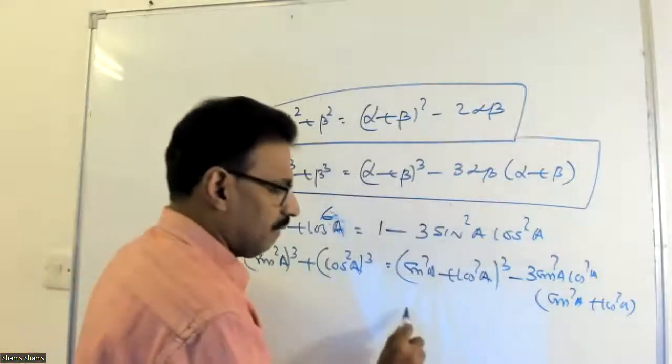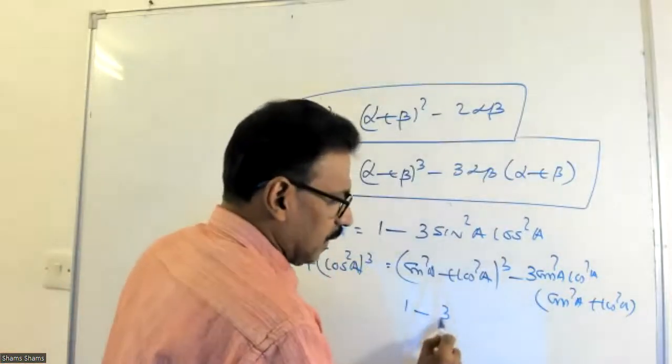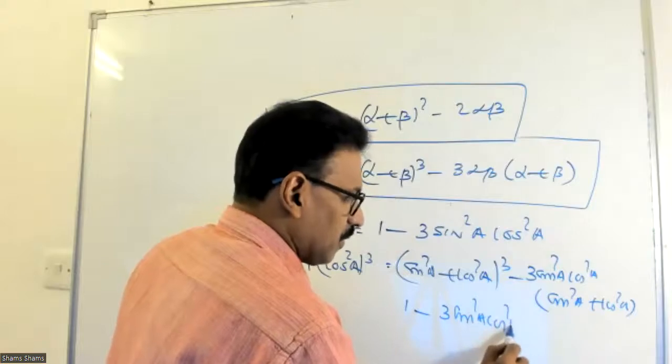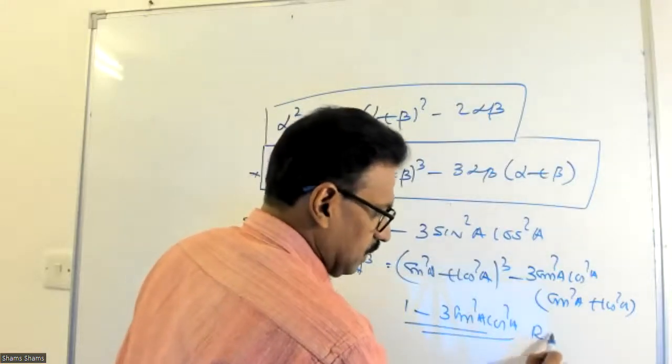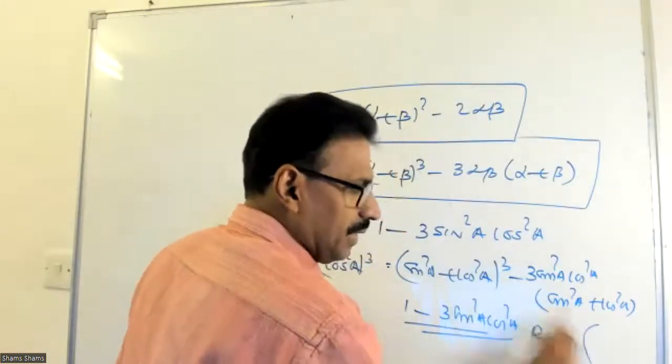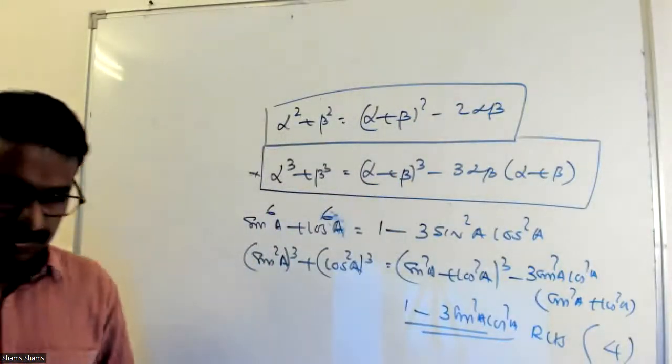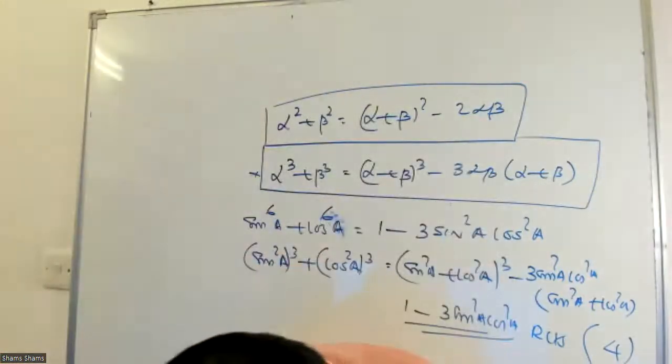What is this one? 1. 1 minus 3 sine square A cos square A equals RHS. See, with only one small line, you'll get 4 marks. So it's a 4 mark question.